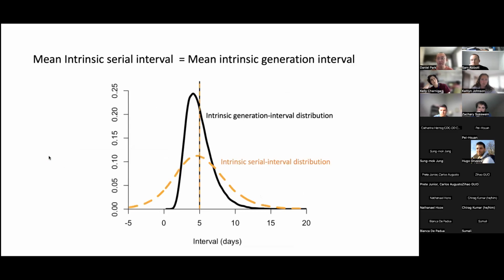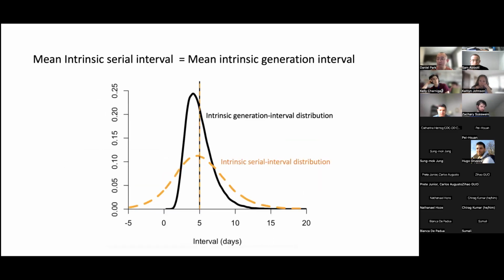So this, for example, is what the resulting distribution would look like. We have the intrinsic generation interval distribution and the intrinsic serial interval distribution, which has wider variance but the same mean. And there's a problem with these distributions, because serial and generation interval are two distributions describing the equivalent process.